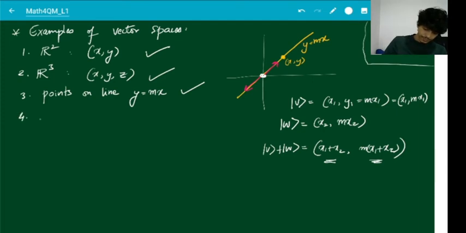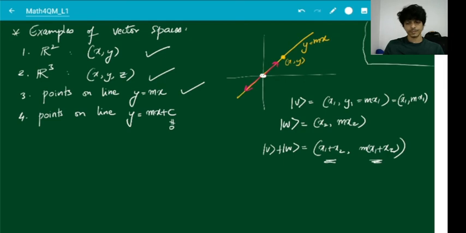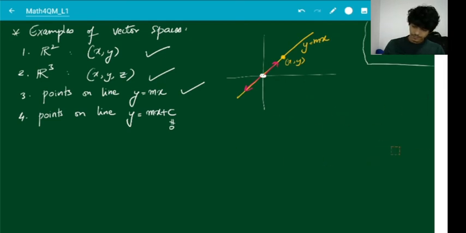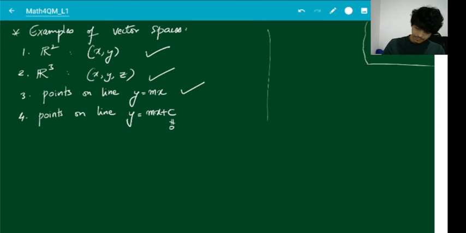What about all points on the line y equals mx plus c, where c is not 0? Let's draw this diagram now. So this is going to look something like this, let's say.